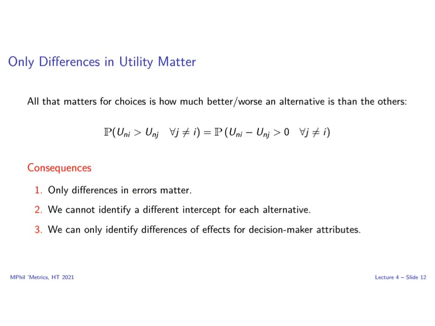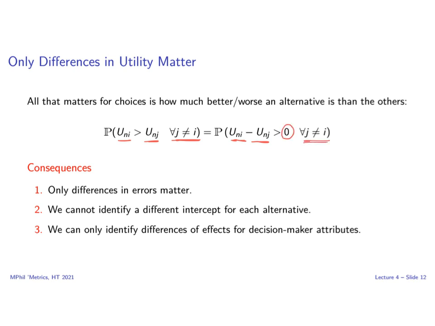We assumed that our decision maker Alice chooses the alternative with the highest utility, namely the i such that U_ni is greater than U_nj for all j not equal to i. Subtracting U_nj from both sides of the inequality, this is the same thing as choosing the alternative i such that U_ni minus U_nj is greater than 0 for all j not equal to i.